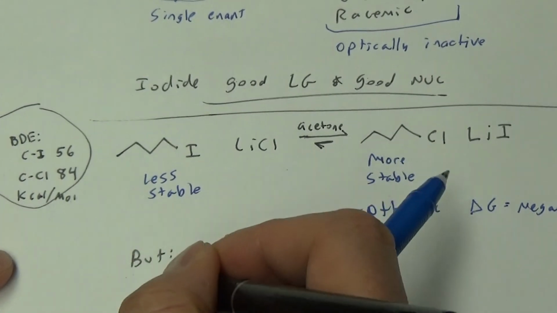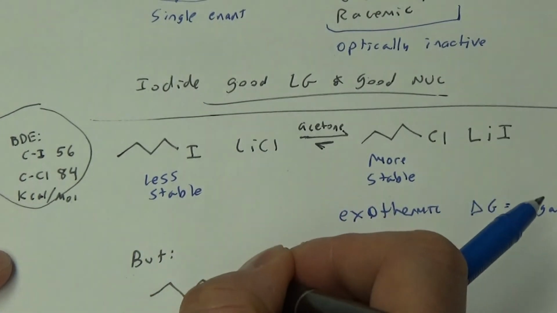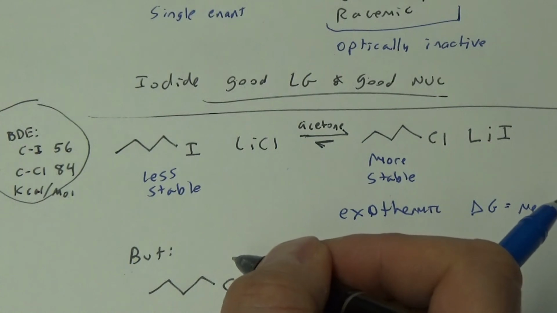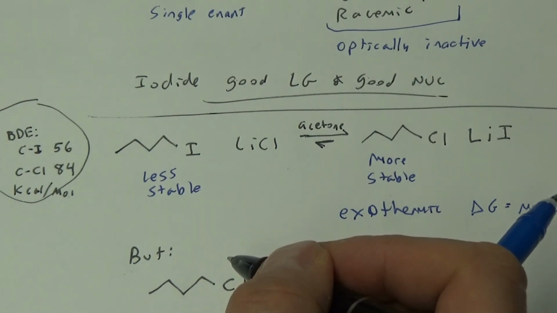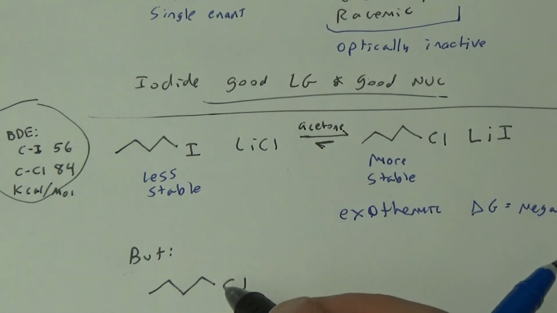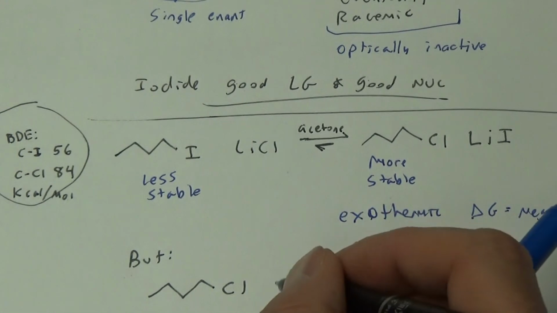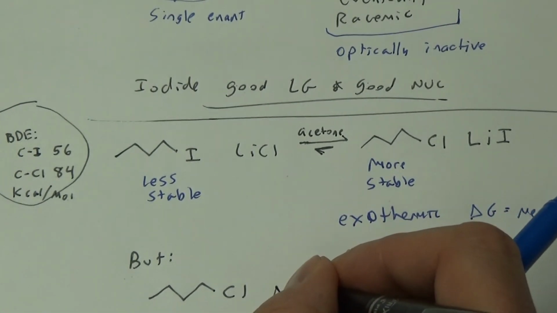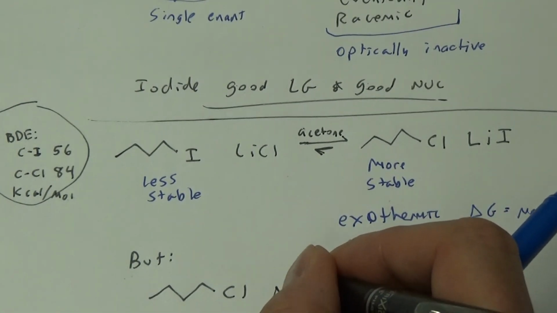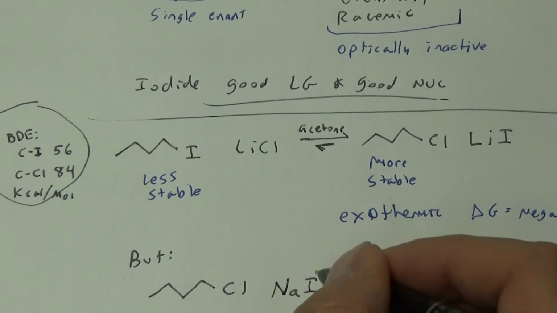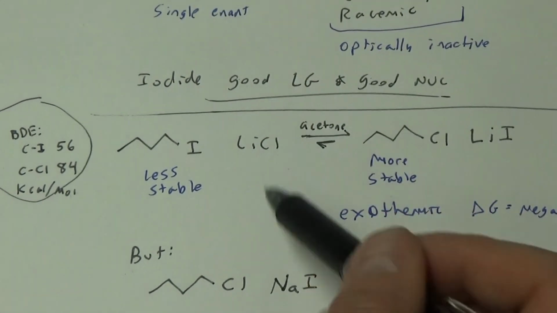Because if I go from butyl chloride, or chlorobutane, I'm actually going to have to change this from a lithium salt to a sodium salt. There's something special about the lithium versus sodium here.